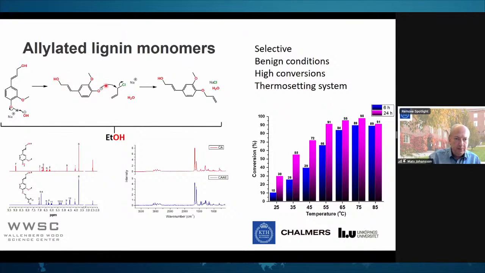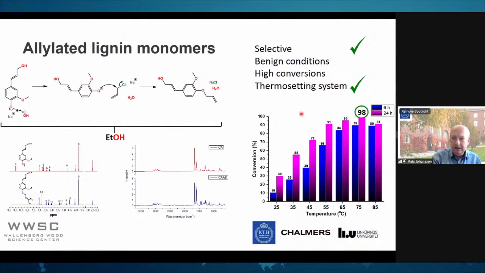We can verify also on model substances that this reaction works very well. We can optimize the reaction conditions and characterize the systems rather accurately. So here we can see that we can produce a selective reaction. We can have possible thermosetting systems.